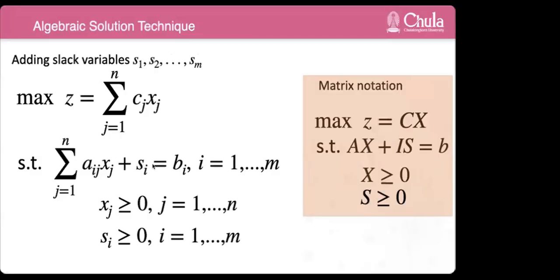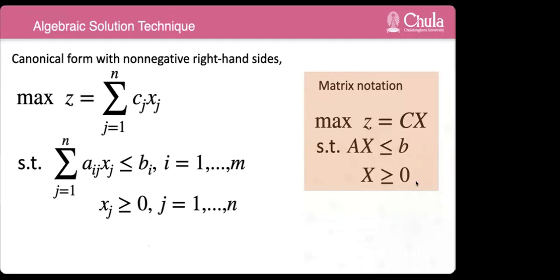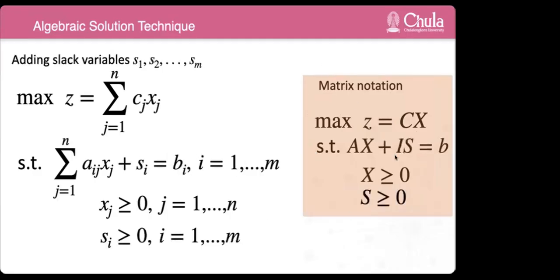Once you add a slack variable, it renders the inequality constraint into an equality constraint, right? You have one inequality constraint, you add one slack variable. You have two inequality constraints, you add two slack variables. This way, from the canonical form here, we can write this form.